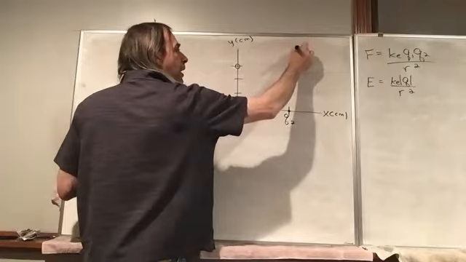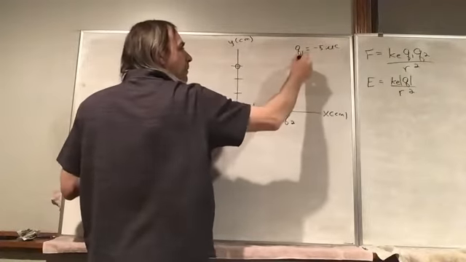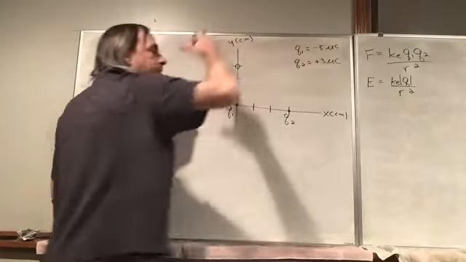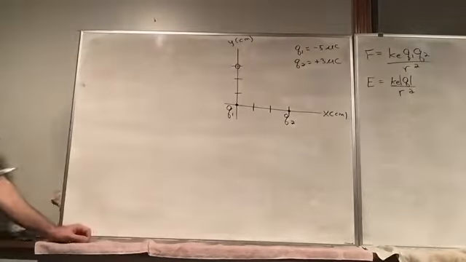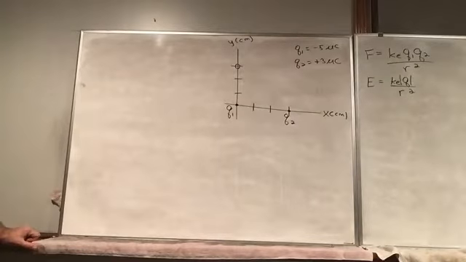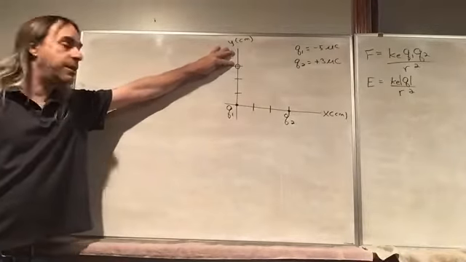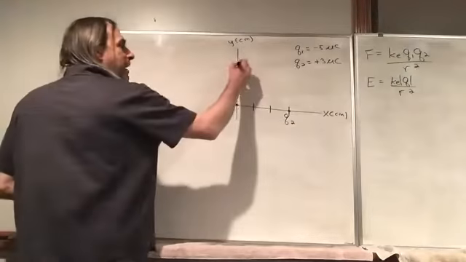So let's say Q1, let's say that one is negative, and Q2 is positive. And typically, we measure things in microcoulombs. So we want to find the electric field at this point, which is 3 centimeters above Q1. So just like before, imagine you're here, and remember you move away from positive charges and towards negative charges.